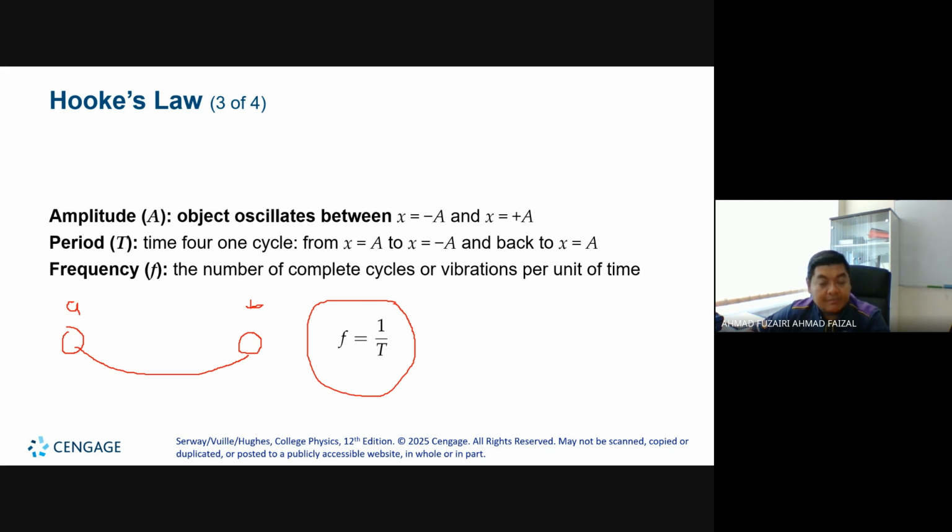That means when you have a period, you can measure how many times the complete oscillations occur per unit time, and so you can obtain the value of frequency. There are three terms you can use here: amplitude, the period, and also frequency.